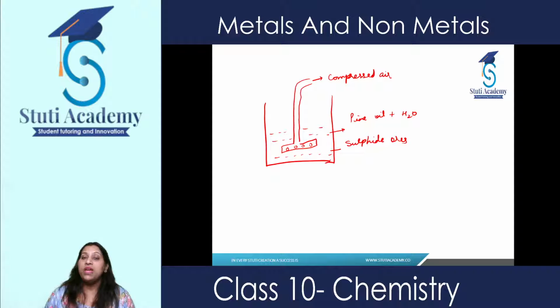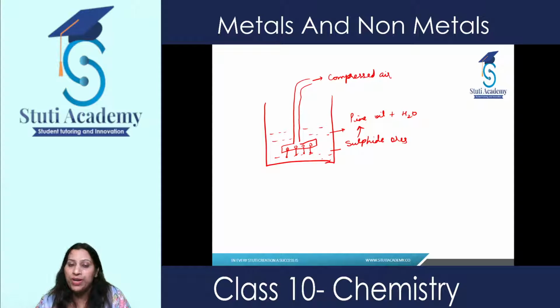Now when we pass this compressed air through these holes, the air goes into these sulfide ores, and these sulfide ores start attracting toward the pine oil. The ore exists in nature in its sulfide form, and the impurities combine with water.